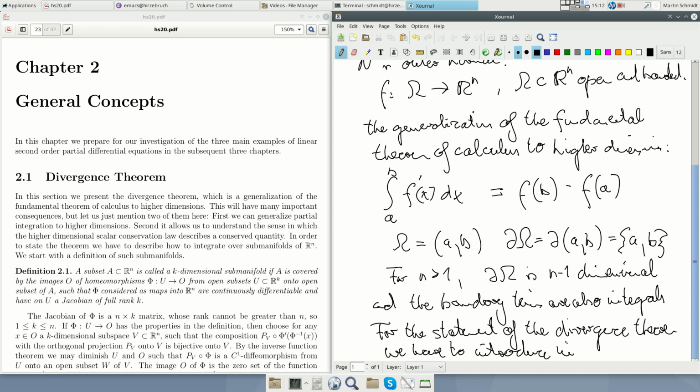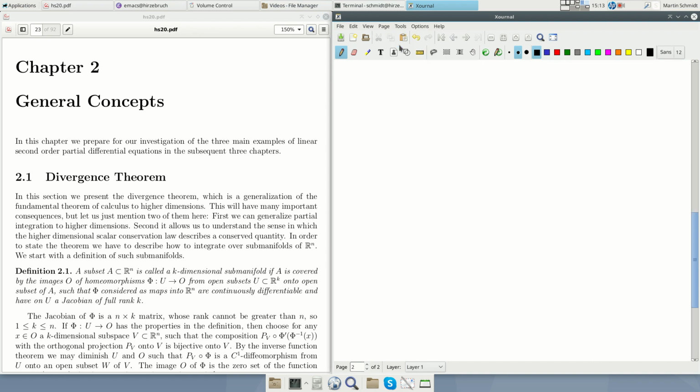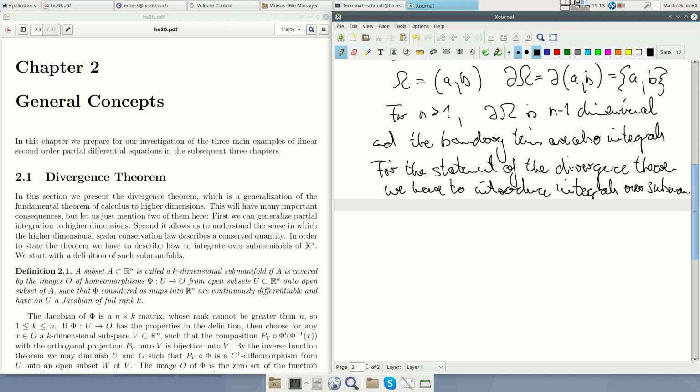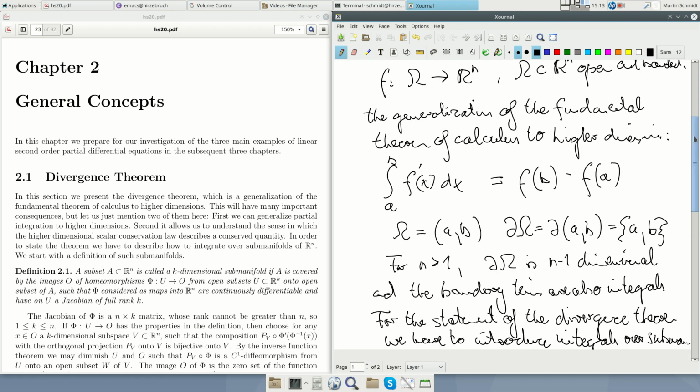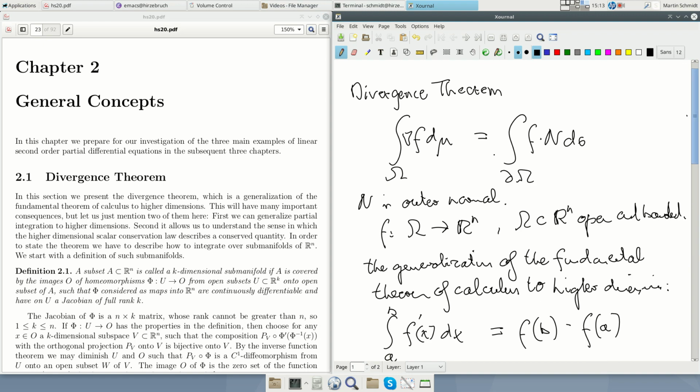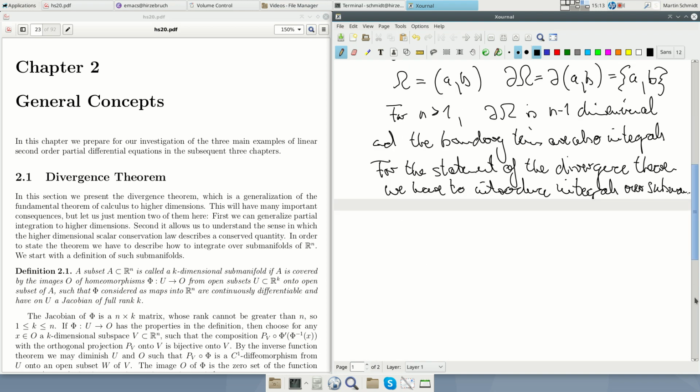How do we do this? This is what we do today. Today we just prepare to understand the meaning of the right-hand side of the divergence theorem in higher dimensions.